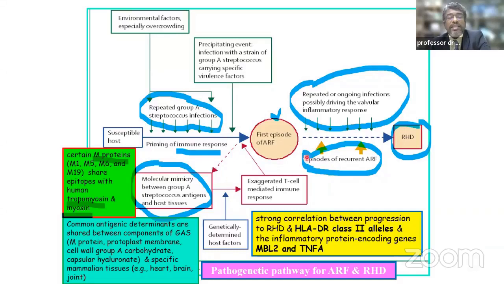When there are repeated episodes of rheumatic fever, there is no residual effect in the brain, joint, or skin, but there is residual involvement of the cardiac tissues. There is inflammation of the endocardium and valvular tissues, causing stenotic and regurgitant types of lesions. Due to recurrent acute rheumatic fever, rheumatic heart disease develops.